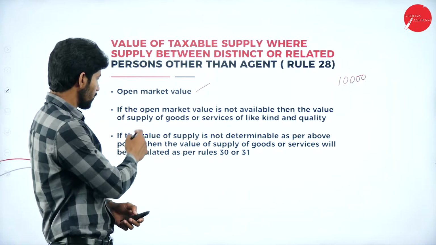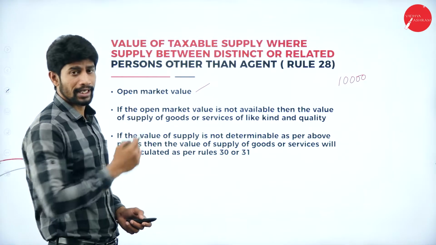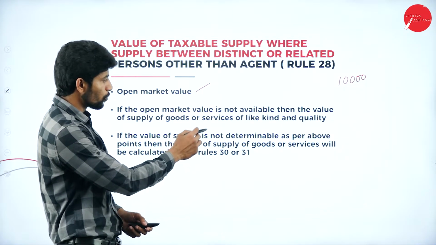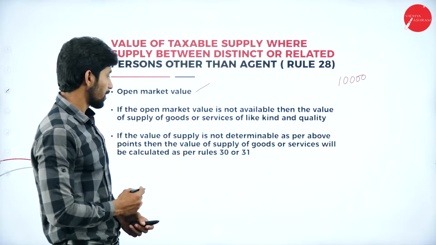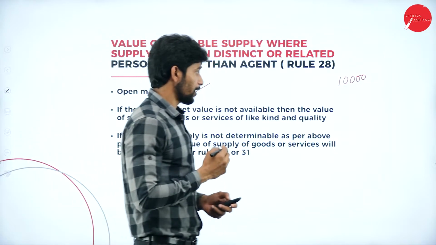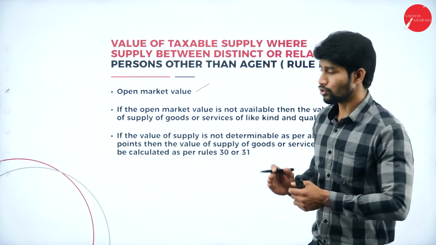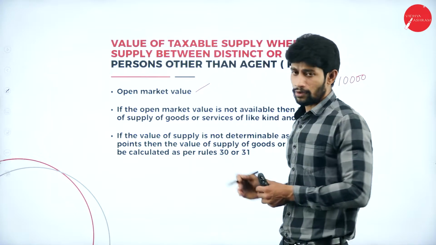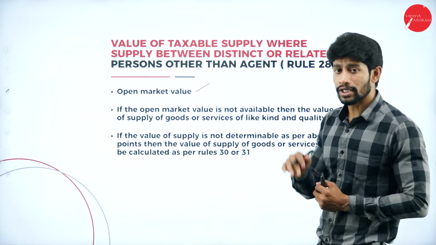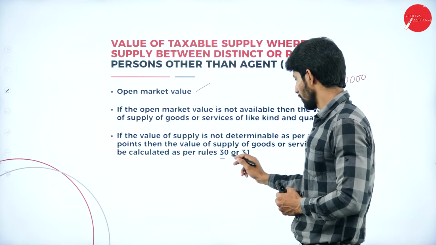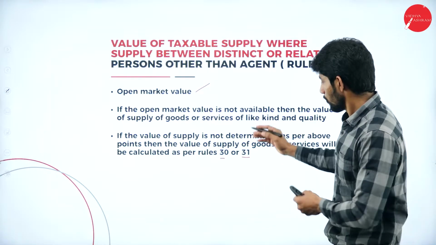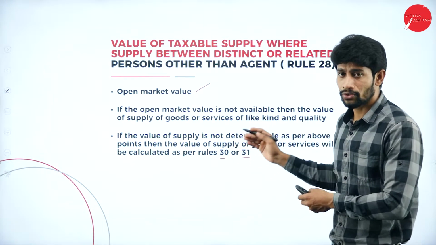Next, if the value of supply is not determinable as per the above points, then the value of supply of goods or services will be calculated as per rule 30 or 31. If it is not possible to calculate the taxable value of supply by using condition 1 and condition 2, then we look into rule number 30 and rule number 31. Later on we will be studying rule number 30 and 31.